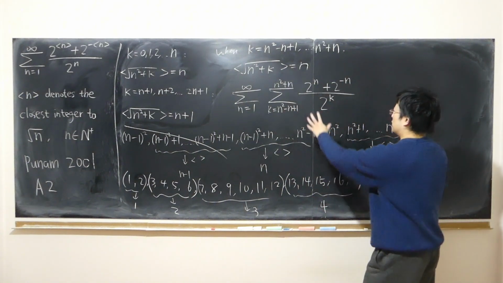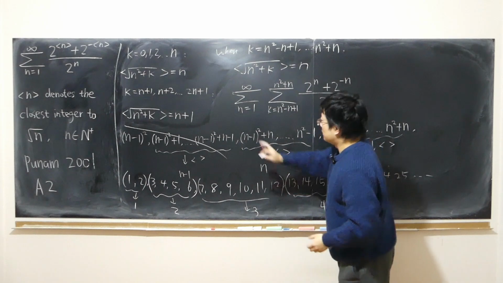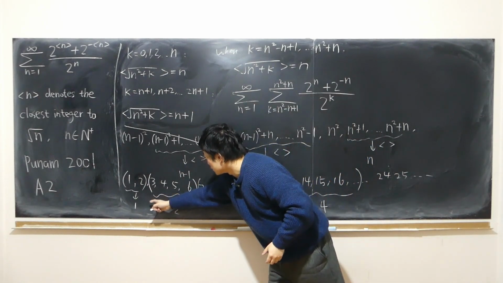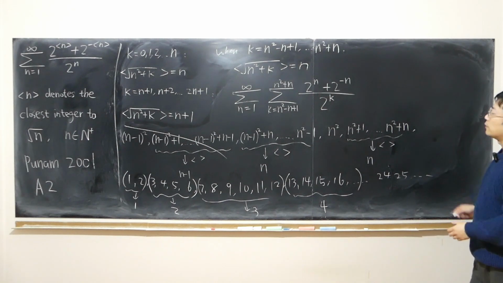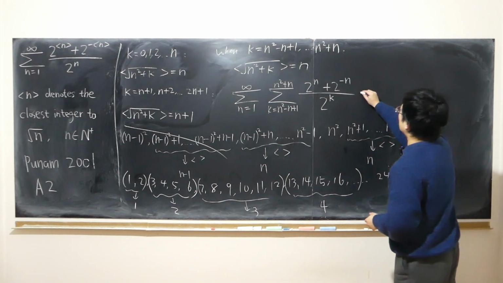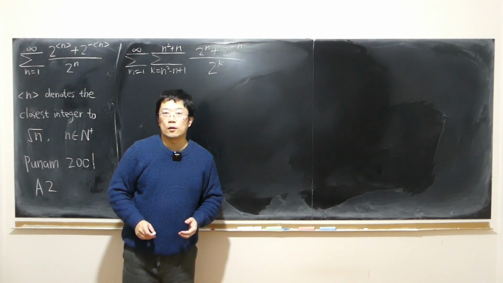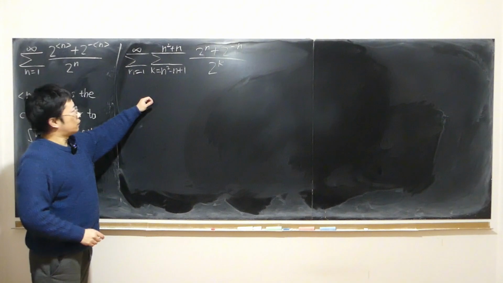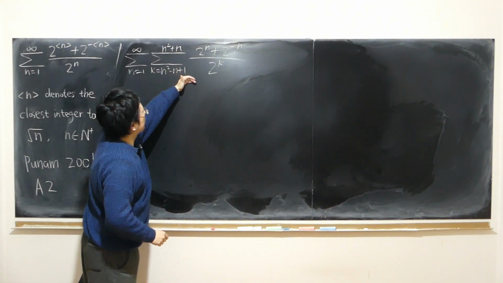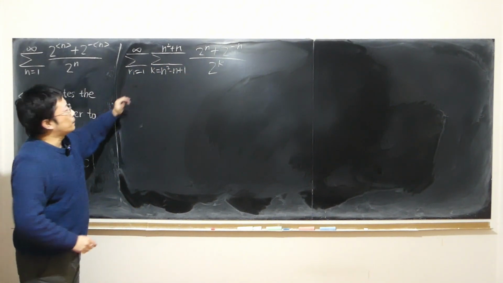First sum, second sum. The second sum is when n is changing from 1, 2, 3, 4, 5, all the way to infinity. This is equal to 1. So we somehow turn this question into calculating this infinite sum. First, inside here you have a finite sum. Then it's an infinite sum.